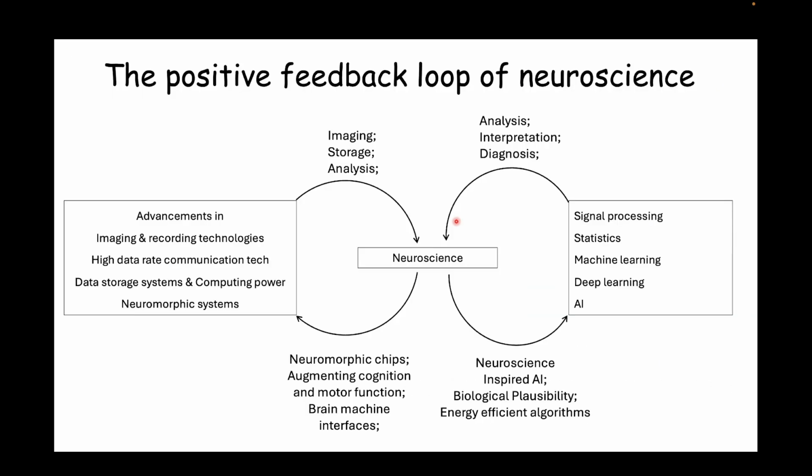I just want to end on the positive feedback loop of neuroscience. In neuroscience we try to understand the brain and make sense of neural data. With advancements in imaging technologies, high data rate communication technologies, data storage systems, and neuromorphic systems, we are able to image, store and analyze this data.